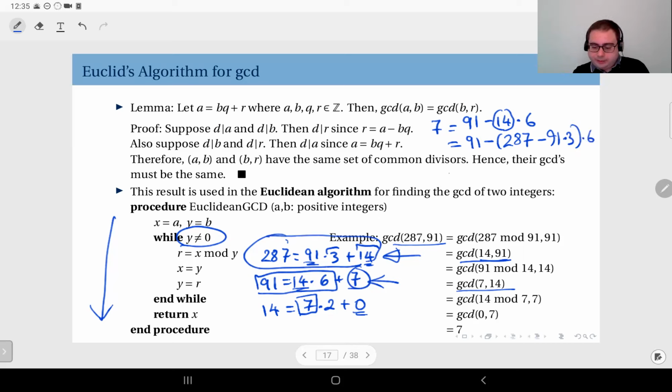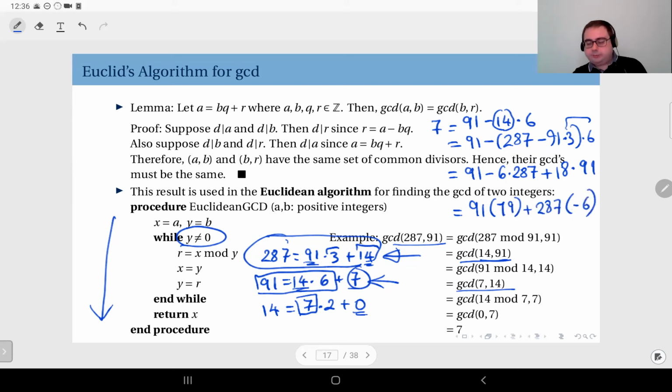And when you expand this, you get 91 minus 6 times 287 minus, well, this is 18 times 91. Sorry, this one is plus because you have a negative here. And therefore, when you collect all the terms together, you get 91 times 19 plus 287 times minus 6.